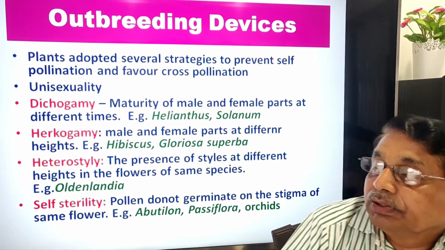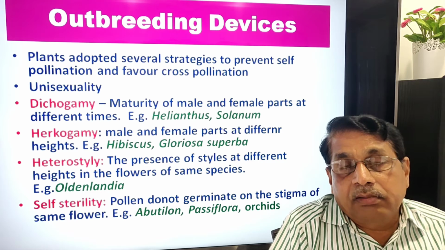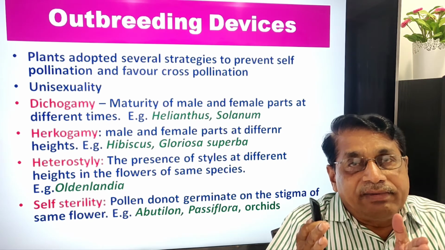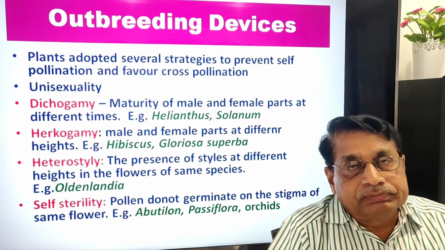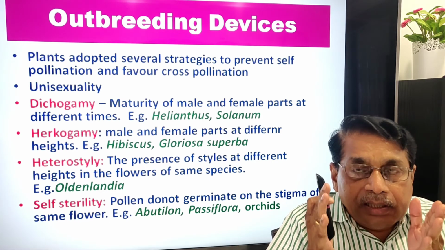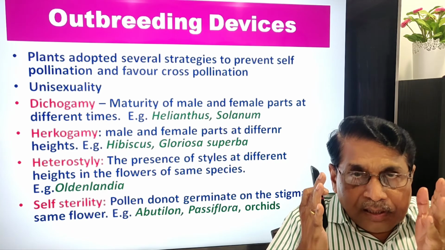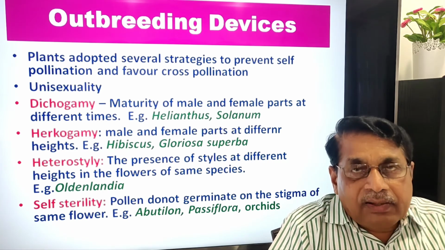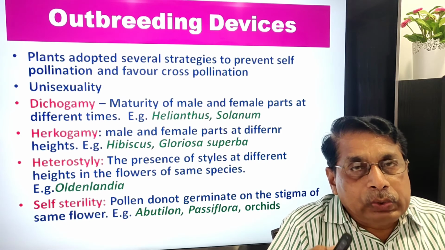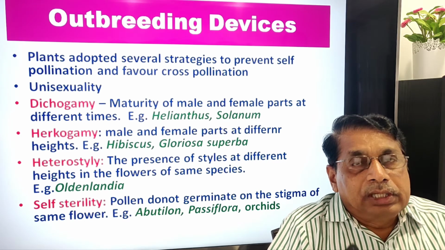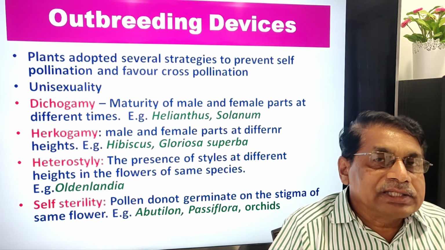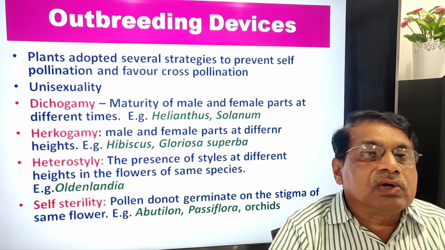Outbreeding device. Here they have coined a different term. Because cross-pollination is advantageous than self-pollination, many plant flowers show an adaptation to inhibit or prevent self-pollination and at the same time to favor cross-pollination.